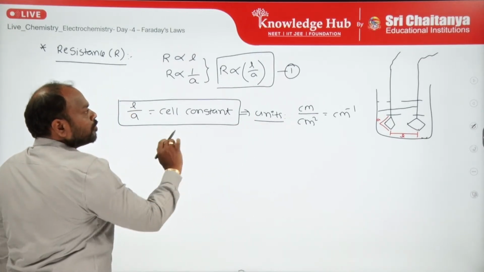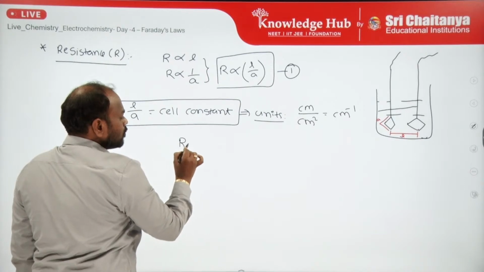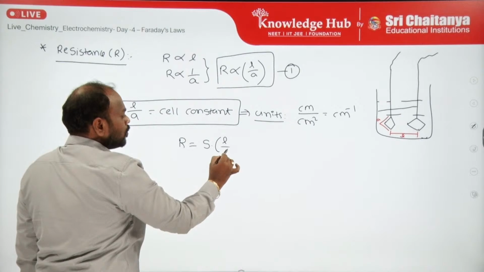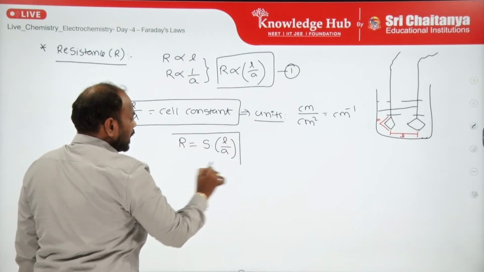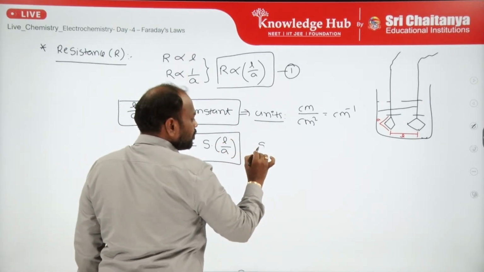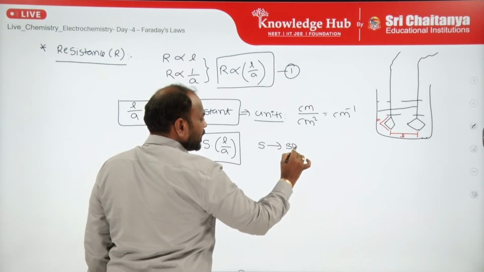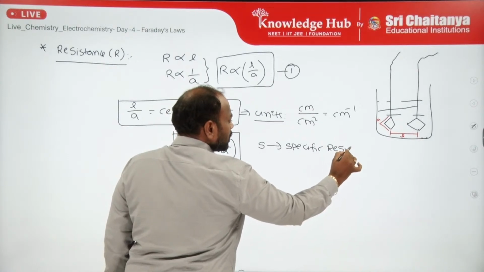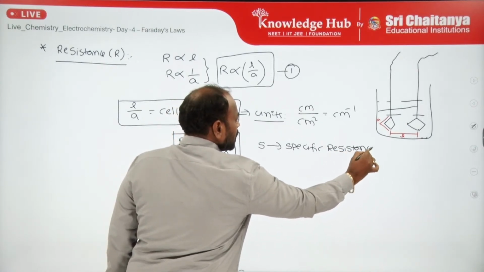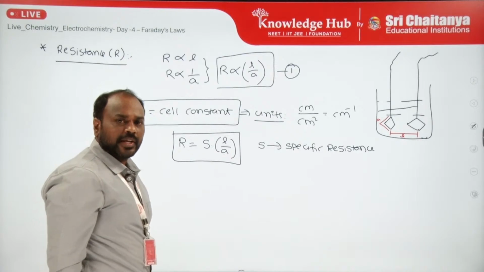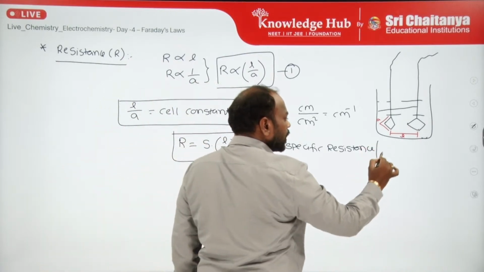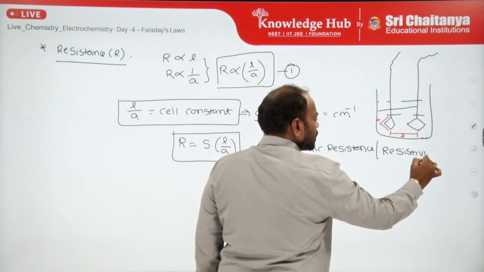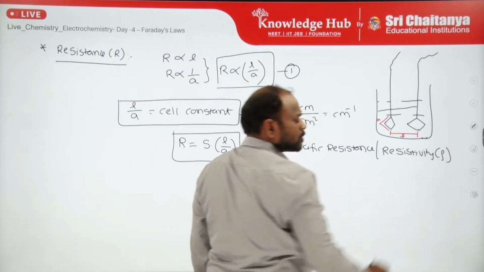Now go for the resistance. R is equal to some proportionality constant, S into L by A. Here S is a proportionality constant. This is known as the specific resistance, or this is also called resistivity, represented with rho also.